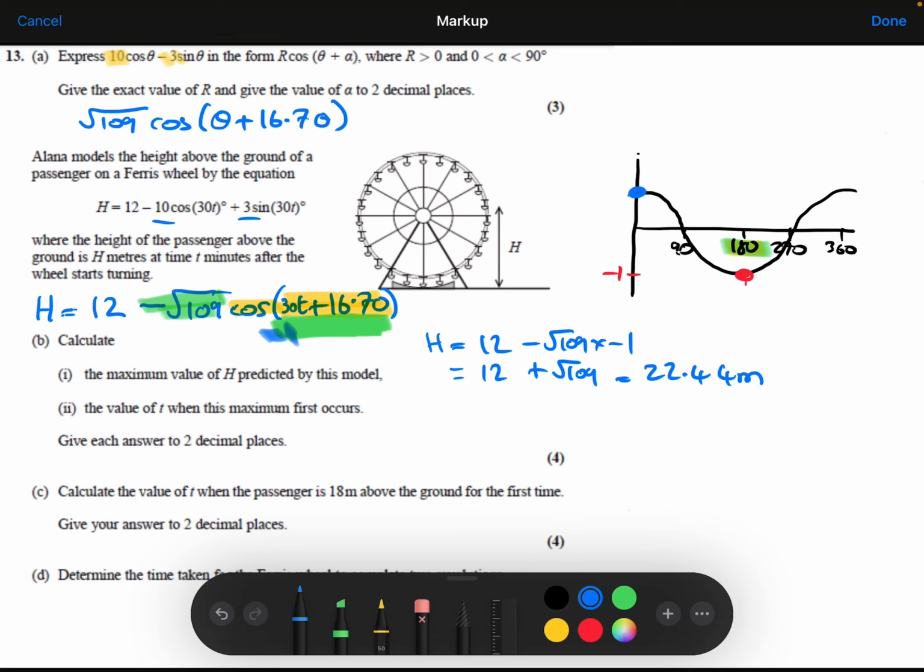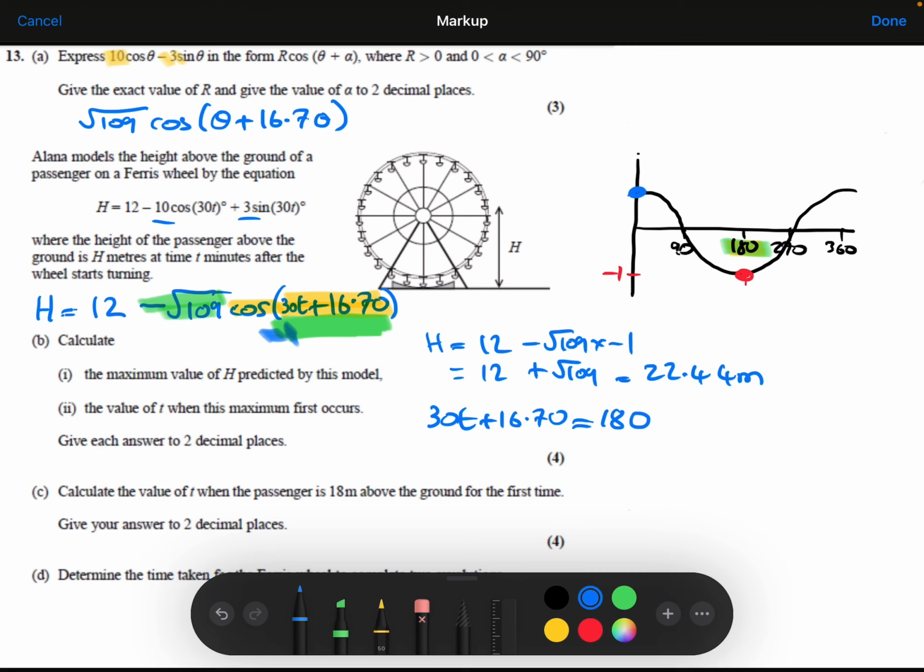If the 30t plus 16.7 equaled anything other than 180, then when I did cos of that, I would not get minus 1, and therefore I would end up getting an answer that was less than 22.44.